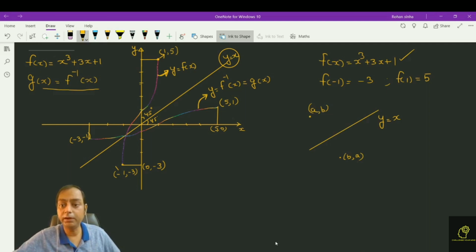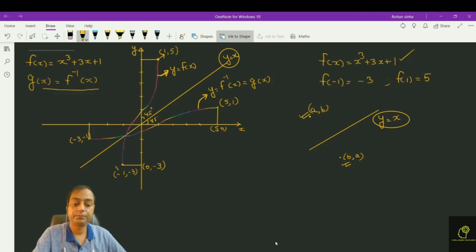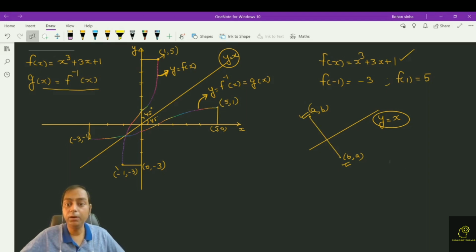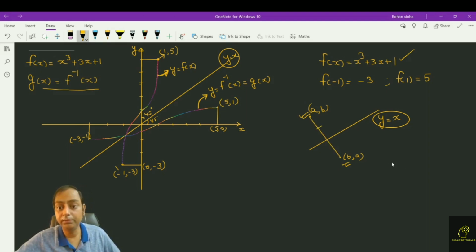This means if (a, b) is any coordinate, its image with respect to the line y = x is (b, a).